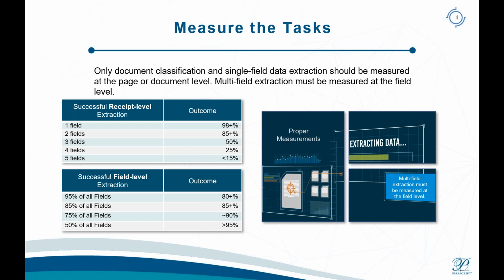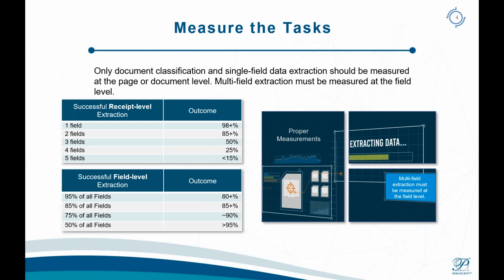In our systems, we achieve 87, 90, 91, 92% of those fields successfully extracted. But again, we're not measuring it on a receipt level, we're measuring it on the task level. And again, as you reduce the stringency of those tasks and measurements, the amount of tasks automated can go up to 95% or 99%.